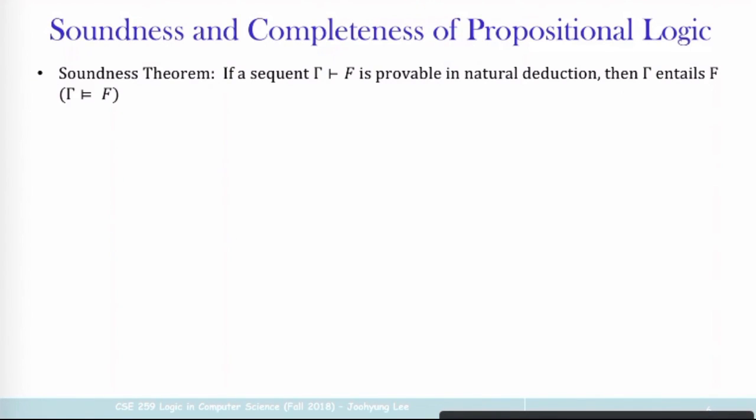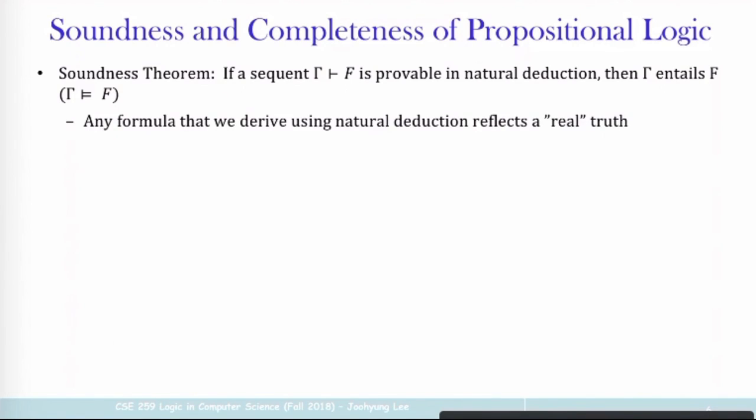So the soundness theorem is saying that from the proof theory of propositional logic, you can go into the model theory of propositional logic. Okay? So if you can derive using these deduction rules, or the calculus that you studied, then you can also draw the truth table and check whether the interpretation that satisfies all the formulas in gamma also satisfies F. Okay? So that's what the soundness theorem is about. If you can prove it by natural deduction, you can also draw the truth table and check whether this entailment holds.